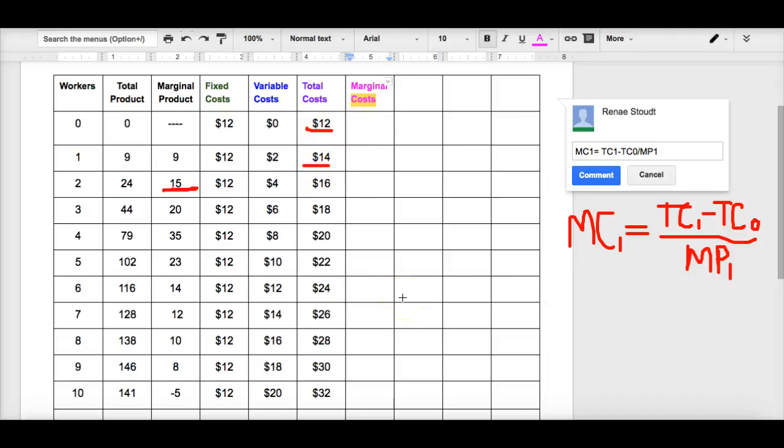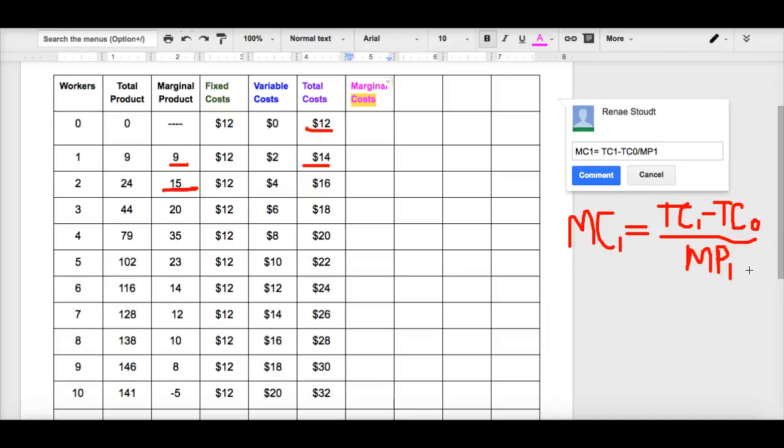But here's the problem. 14 minus 12 is obviously 2, but that tells me how much it costs to produce 9 airplanes. And remember, marginal is looking at one more extra addition. So I have to take 14 minus 12, which was 2, divided by 9, because that's how many more airplanes I was able to make when I added that worker. That's why you have to divide by marginal product.